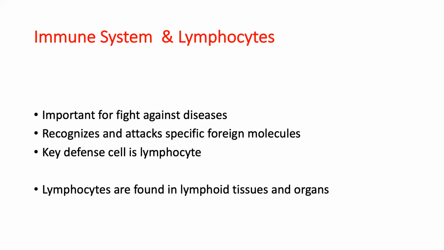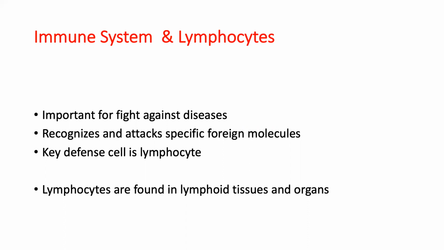The immune system is important for fighting against diseases. It recognizes and attacks specific foreign molecules. Foreign means anything other than self. The key defense cells of the immune system are lymphocytes, and lymphocytes are found in lymphoid tissue and lymphoid organs.